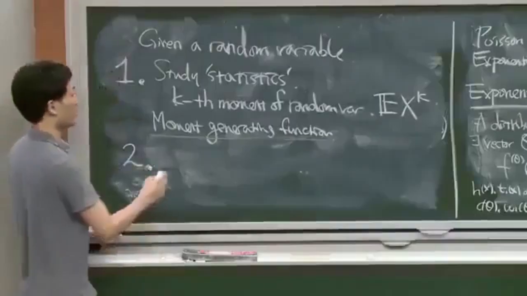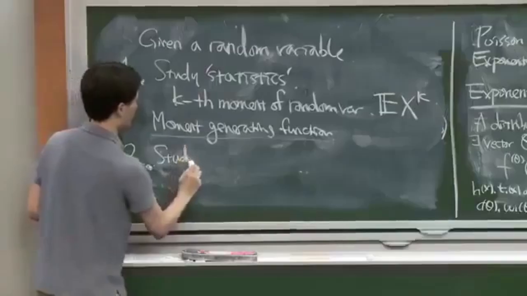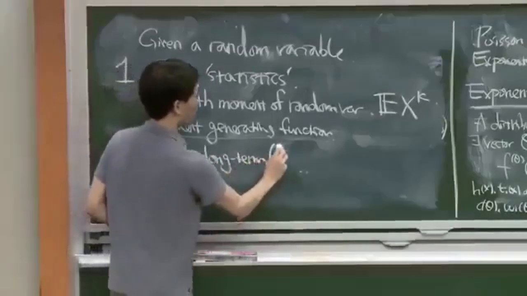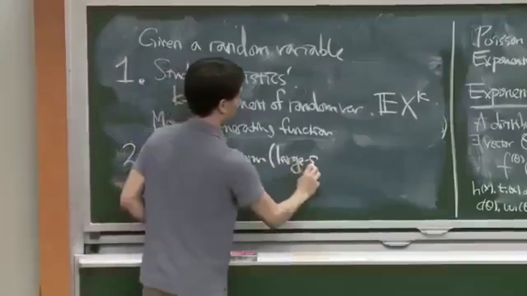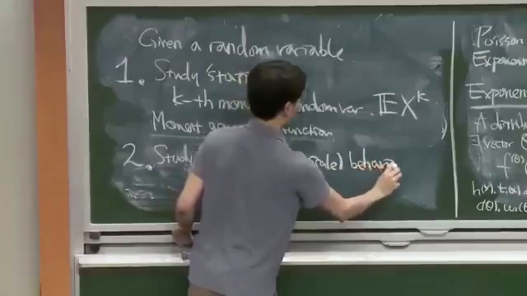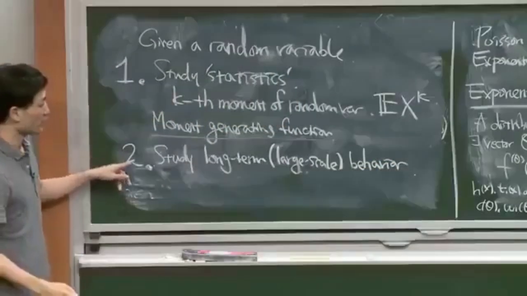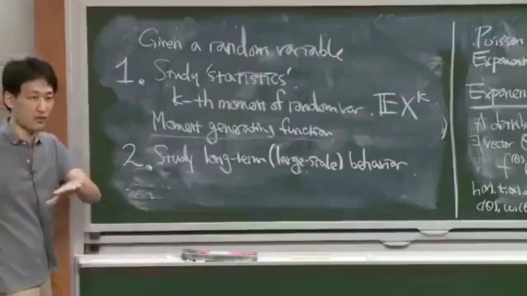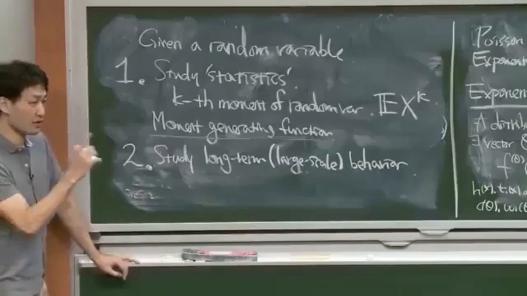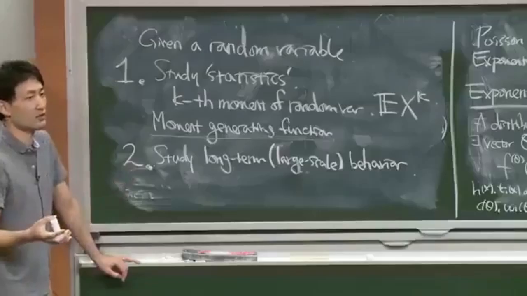Our second topic will be, we want to study its long-term, or large-scale, behavior. So for example, assume that you have a normal distribution, one random variable with a normal distribution. If you just have a single random variable, you really have no control.